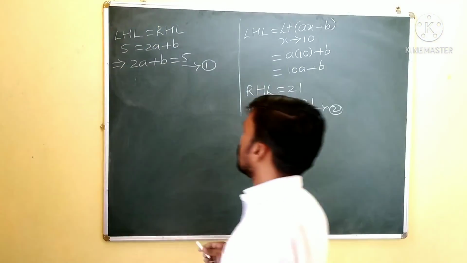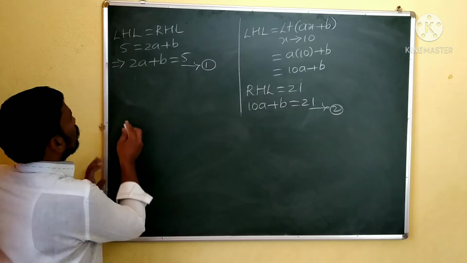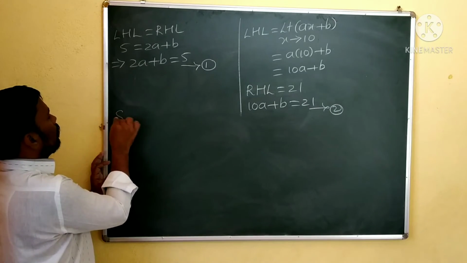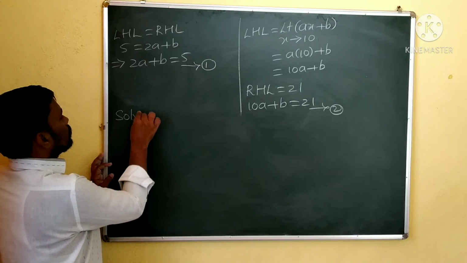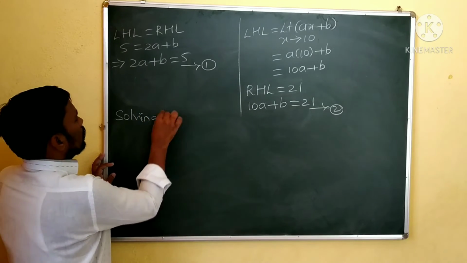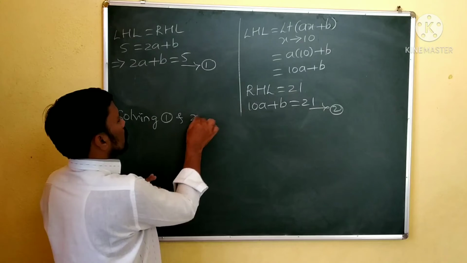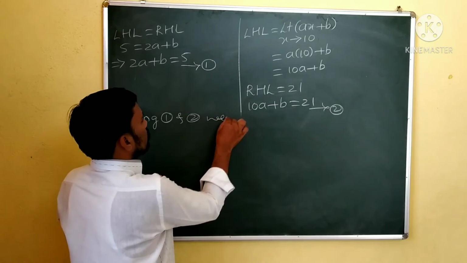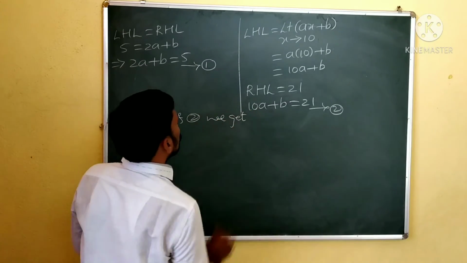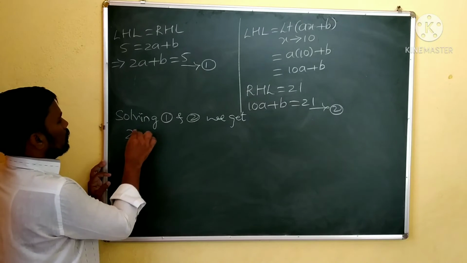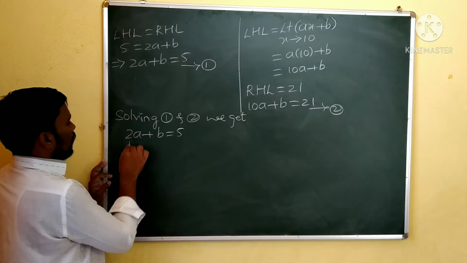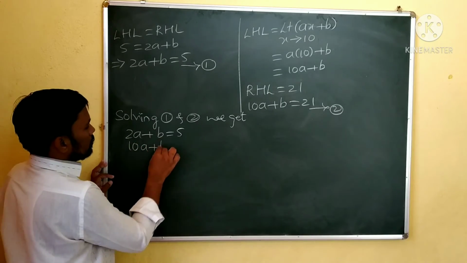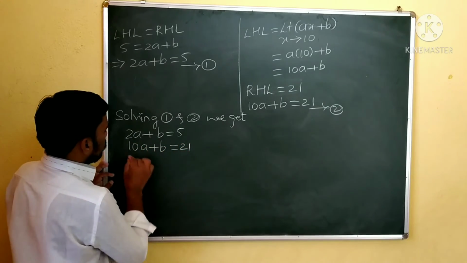On solving equations 1 and 2, we get 2a plus b is equal to 5, 10a plus b is equal to 21.